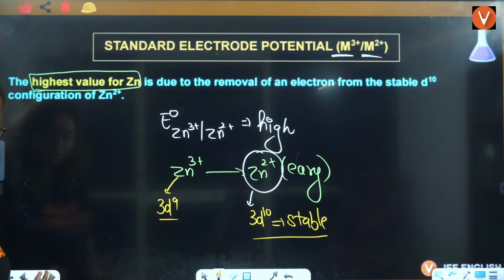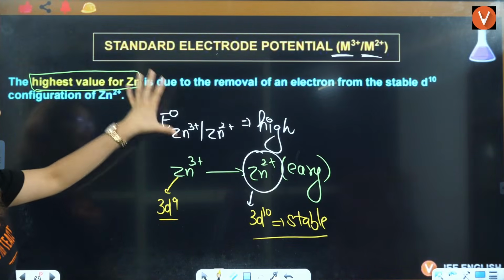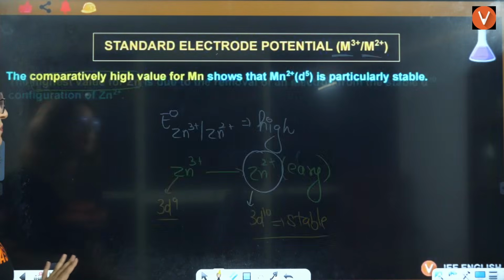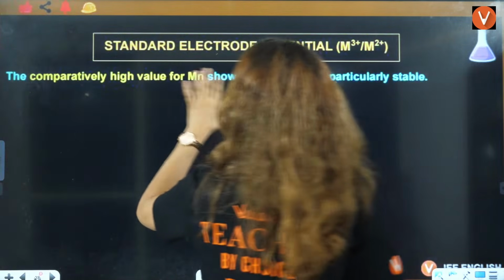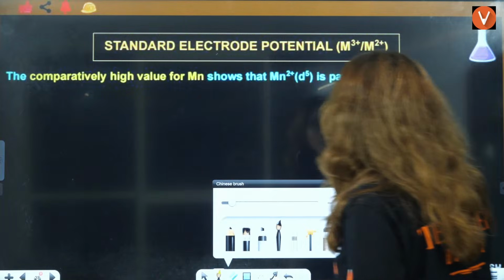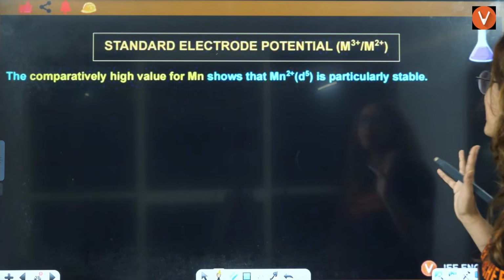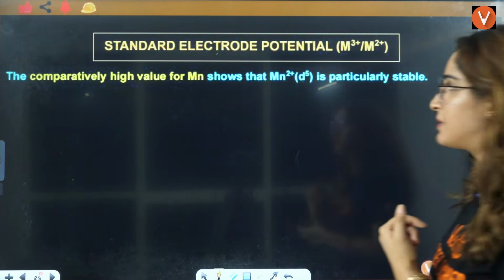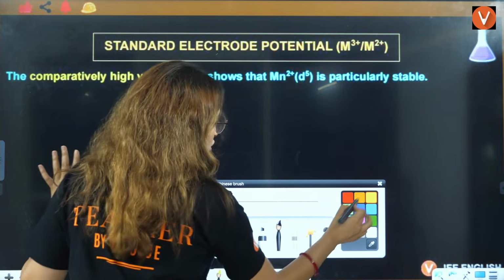Now, guys, I'm just simplifying these tough lines for you. Next, the comparatively high value of manganese shows that manganese 2+ is particularly stable. So manganese also follows the same rule.